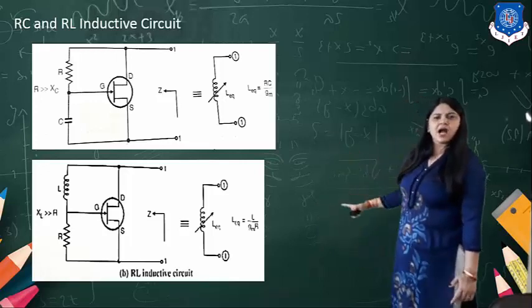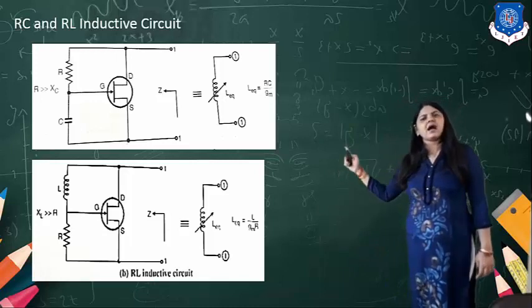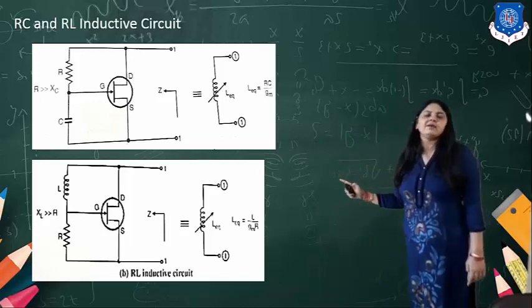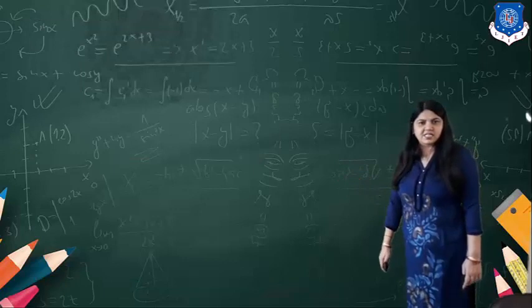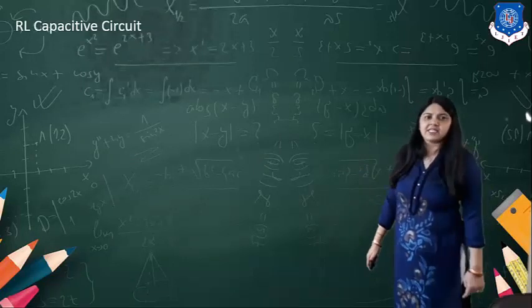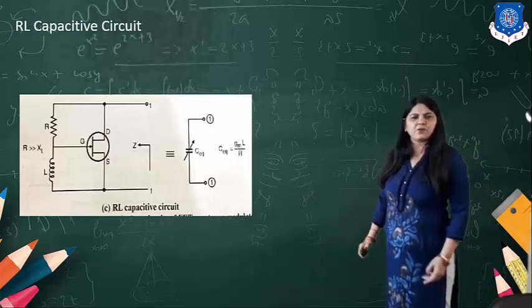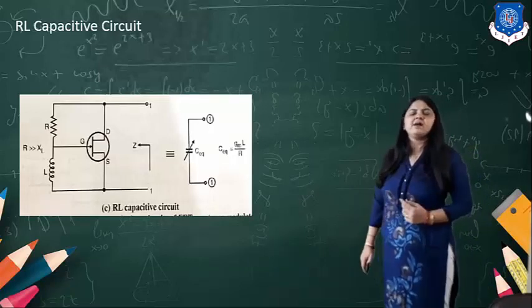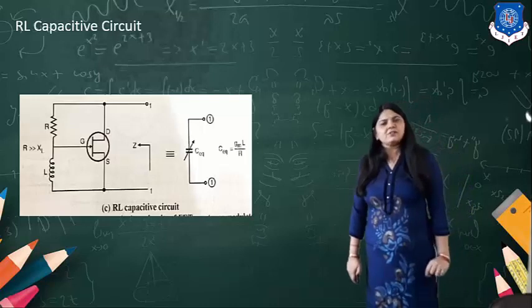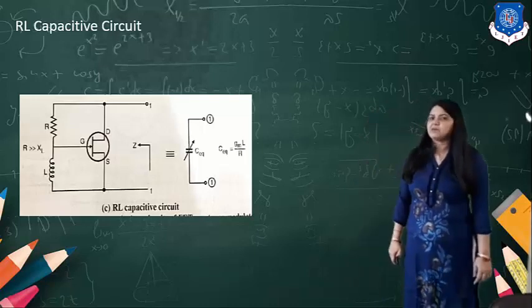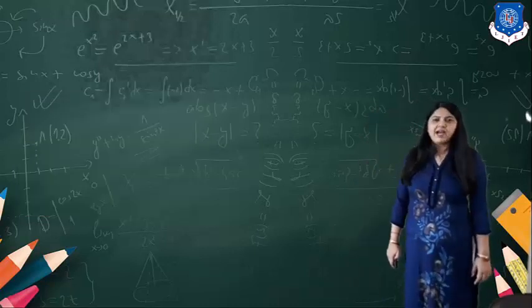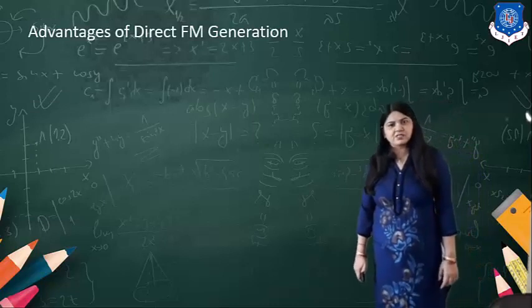So these two are the RC and RL inductive circuitry. The RL capacitive circuit provides us the equivalent capacitance value. So these three arrangements can be used with the FET reactance modulator.